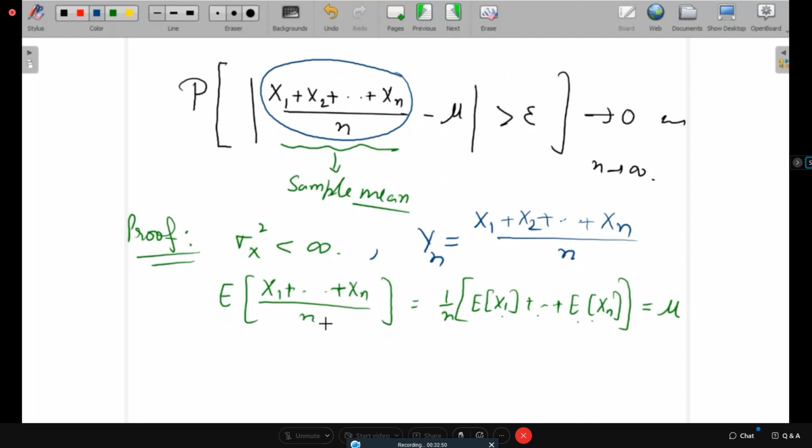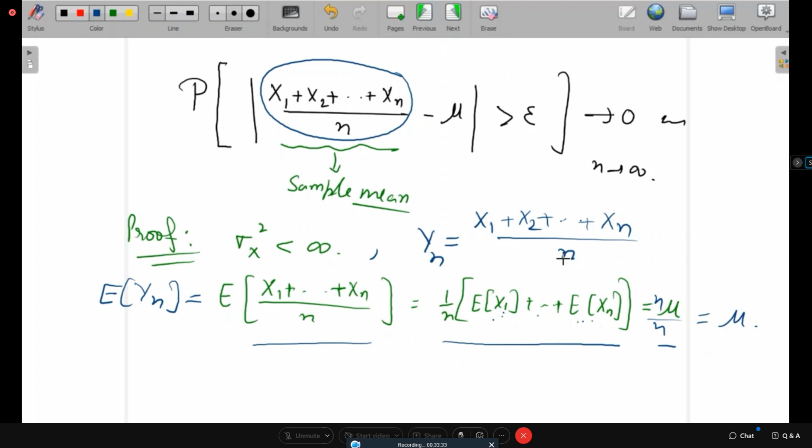If you use the linear property, the expectation of Yn equals the expectation of (X1 plus and so on Xn) by n, since expectation is a linear operator. So 1 by n is out, and expectation of X1 plus and so on plus expectation of Xn, and since all of them are equal to mu, it is n times mu by n, and that's going to be mu.